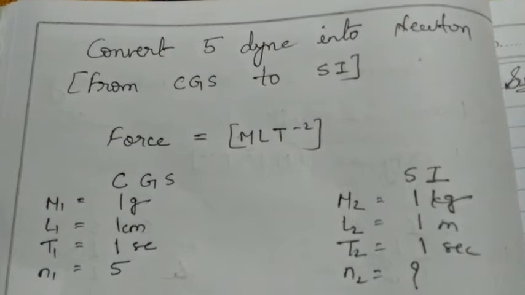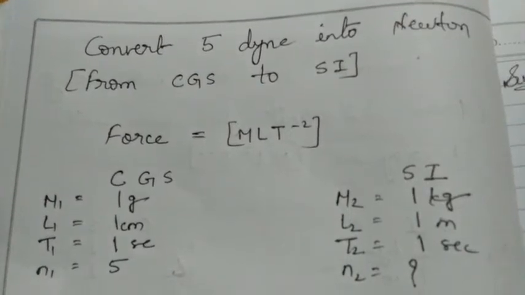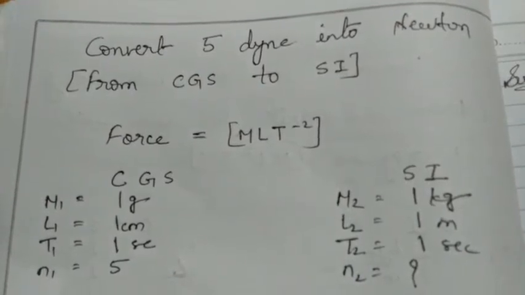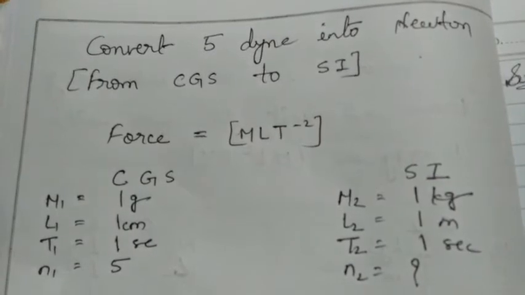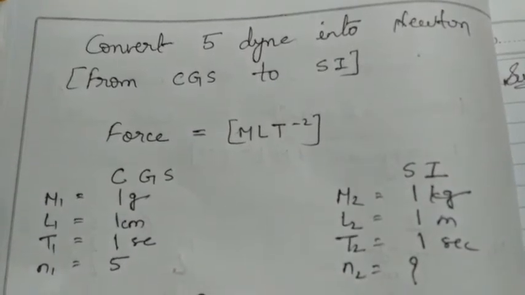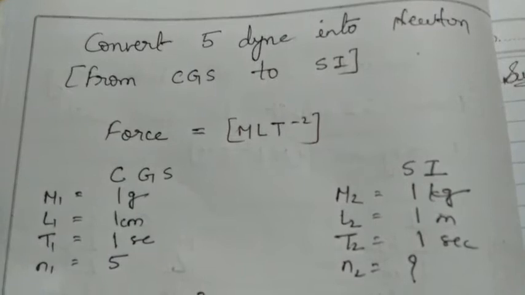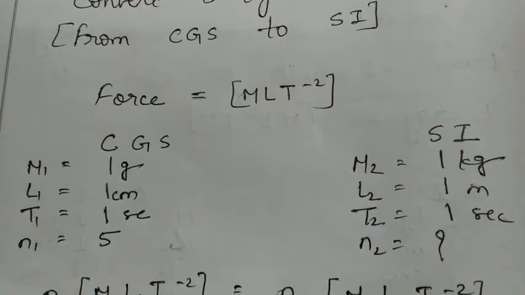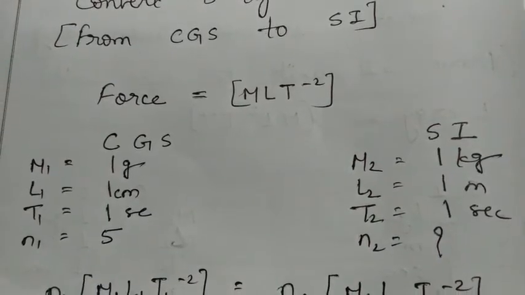For force, dyne is the unit in CGS and Newton is in SI. So when it is said convert 5 dyne into Newton, that means we have to convert the system of unit from CGS to SI.